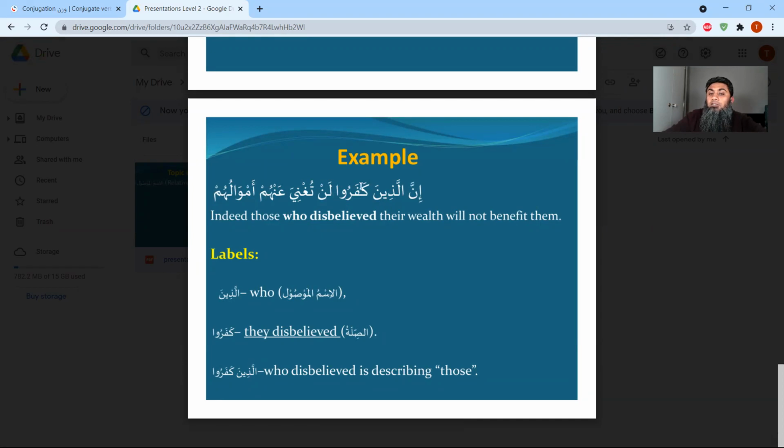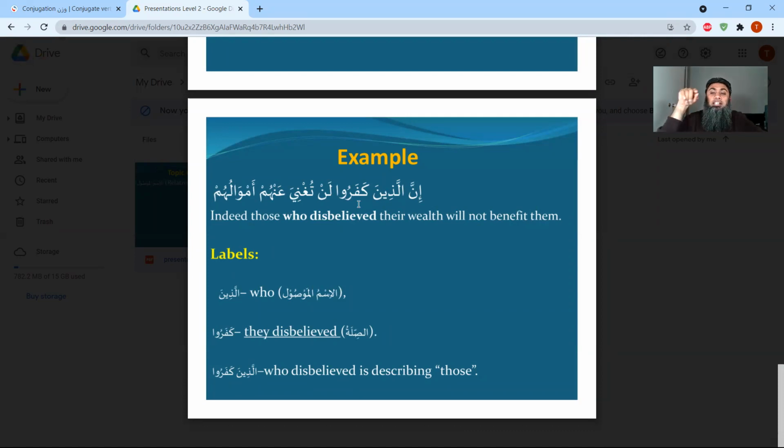Kafaru. Can anyone tell me what is kafaru? Anyone knows what is kafaru? Disbeliever? No, in terms of ism, fail or harf. Ism, brother. Fail. It's a fail.